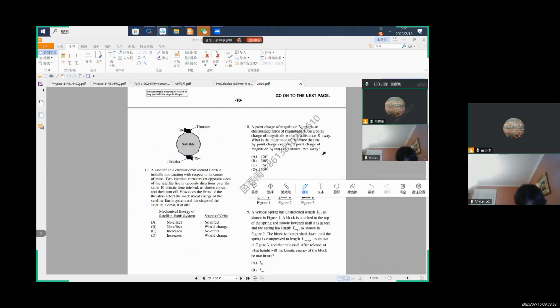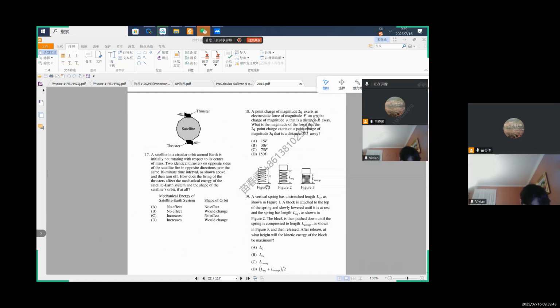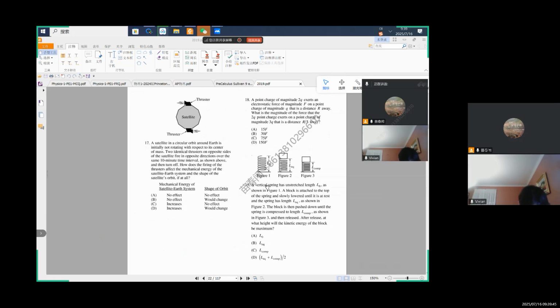Okay, let's do 18. Oh, not 18, 19. Spring unstretched, lower, lower.